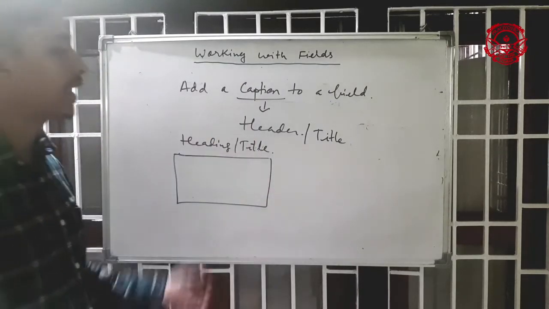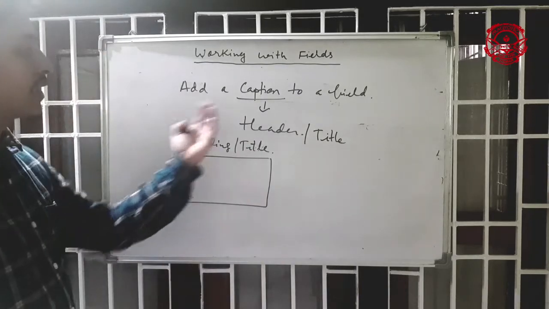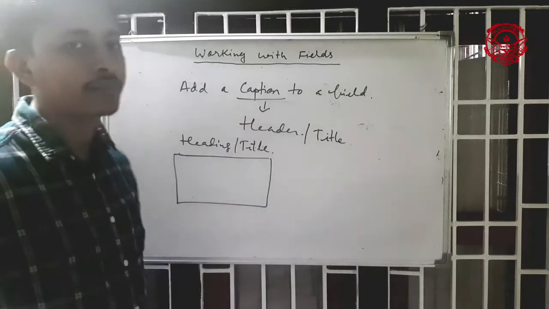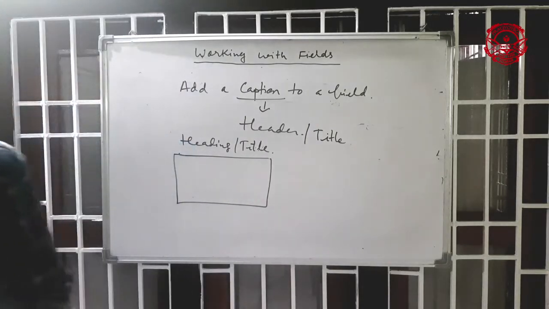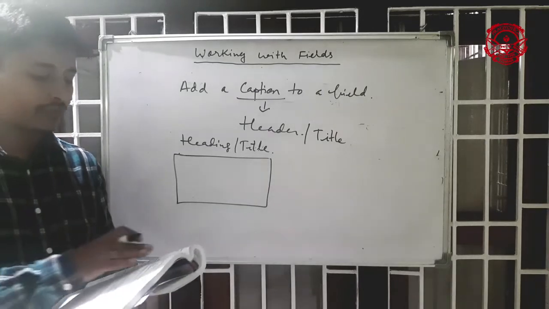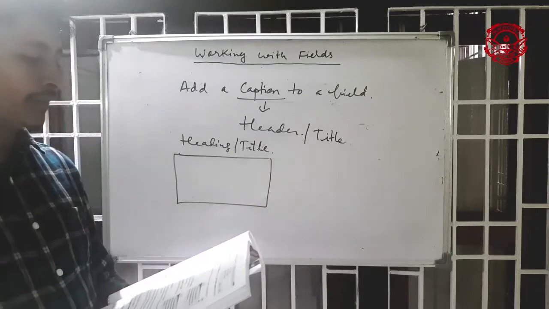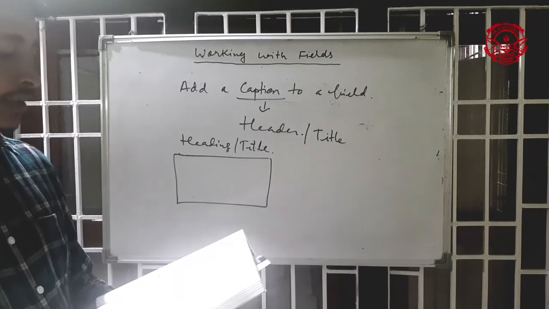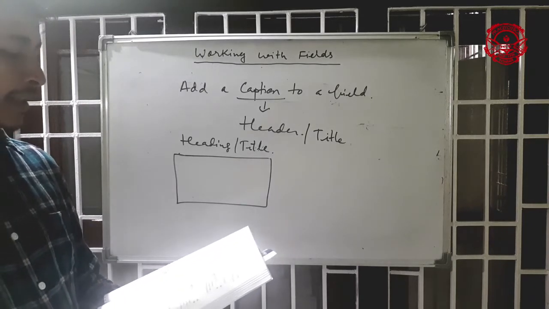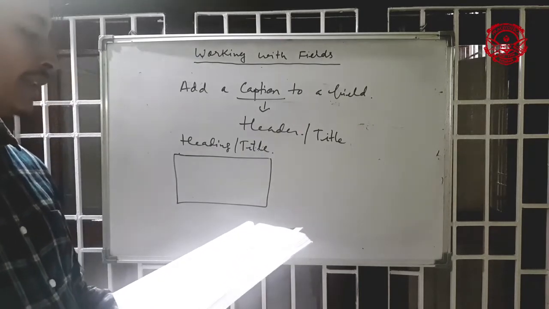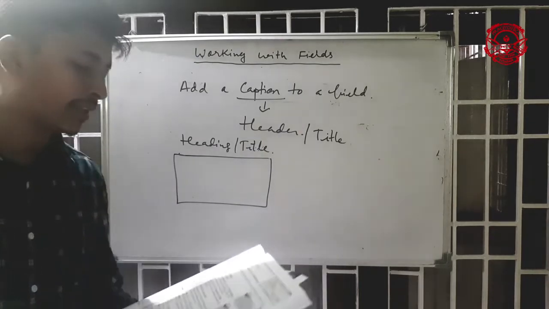Go to the caption options and change the caption of the field. Here you can see there is a button given here. To set the caption for a table column, click the column header. Click the name and caption options in the properties group. Then enter the field properties dialog box. Name the field name, its caption and the description, and then click OK.